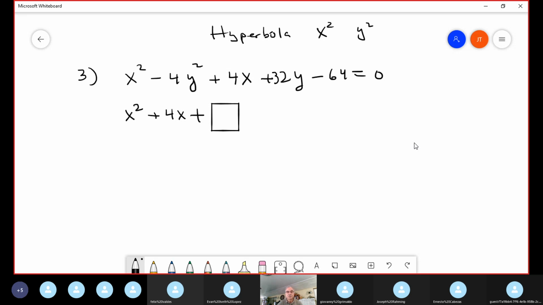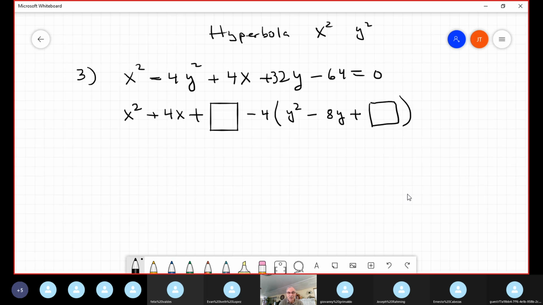Yeah, 32y. Now when you factor out -4, the y part is y squared minus 8y plus another box, to complete the square. In the right hand side, we have 64.